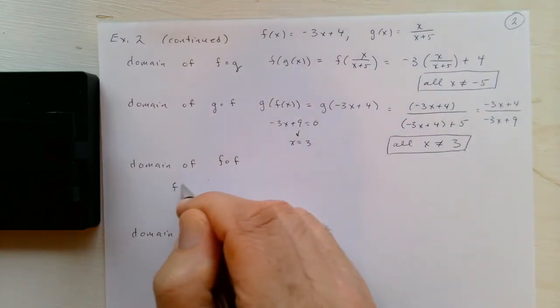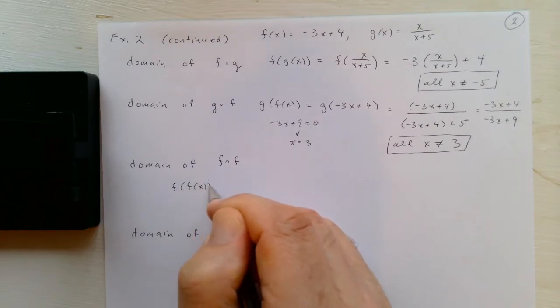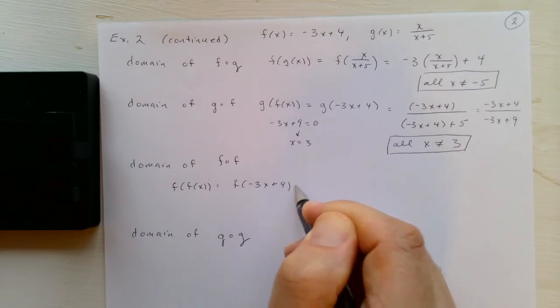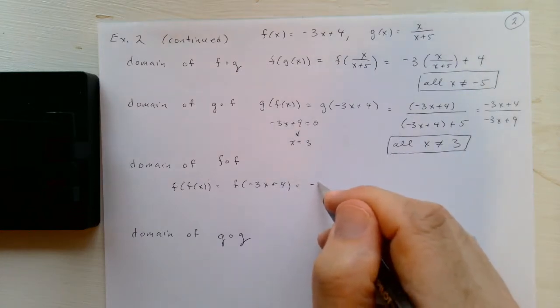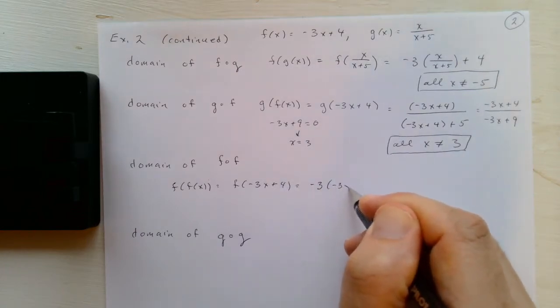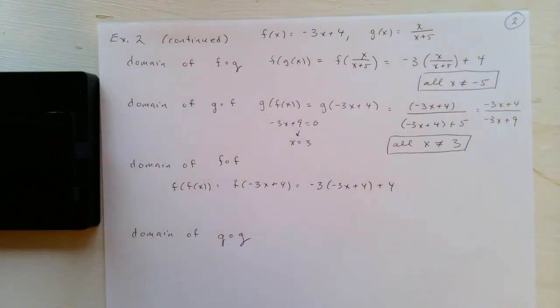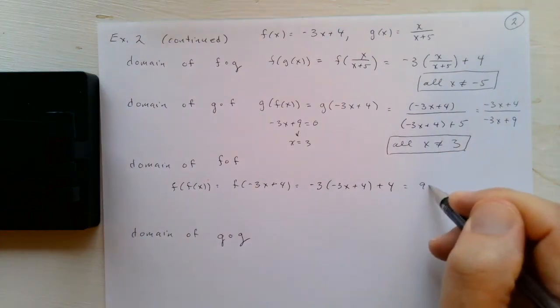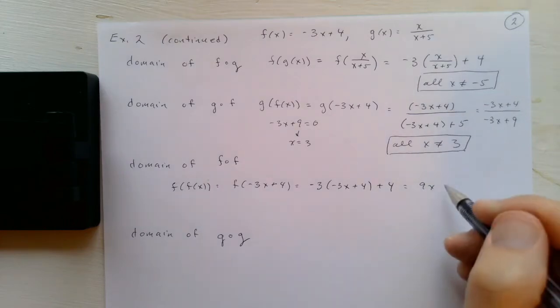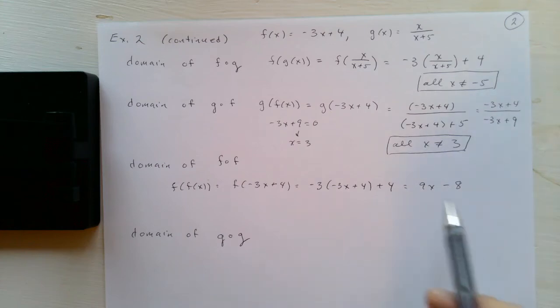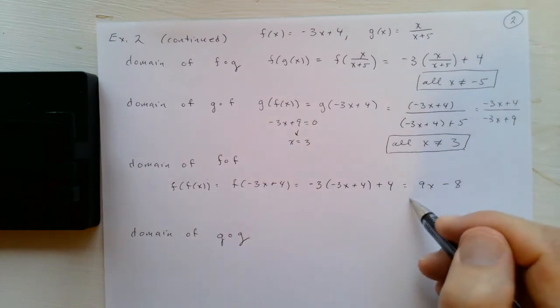This is f of x. This is f of negative 3x plus 4, which is negative 3 times negative 3x plus 4, plus 4, which will be 9x minus 12 plus 4, that's 9x minus 8. This is clearly defined everywhere, so it's all reals.